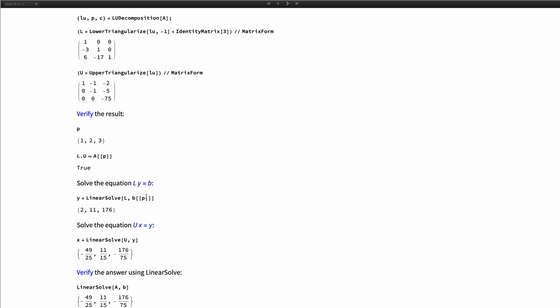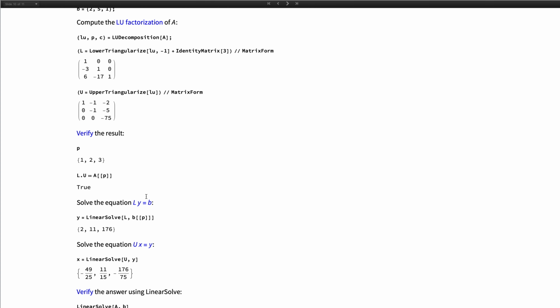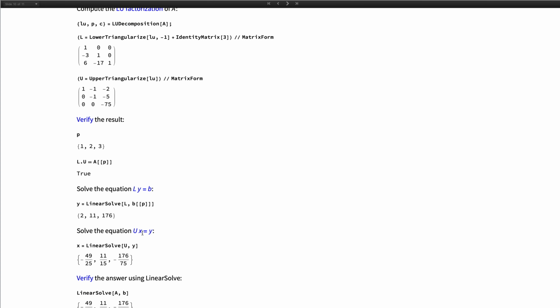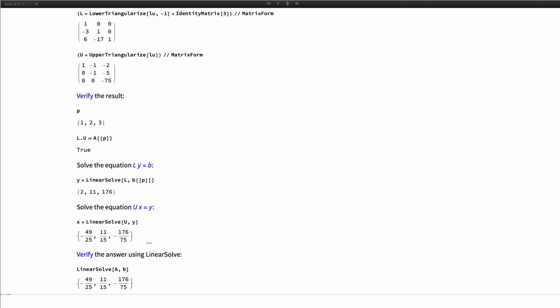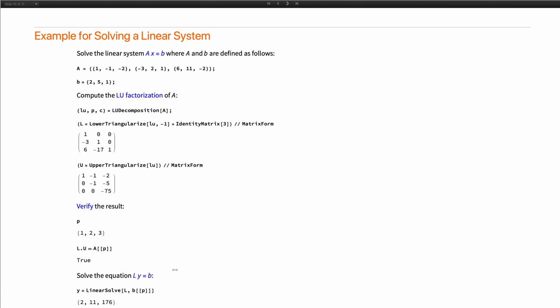So the point is, you can now do your linear solve in two steps, the L step and the U step. But what you get back is the same answer either by doing it in the two-step method or by using the direct method. So that's how one would solve a linear system with the LU factorization.